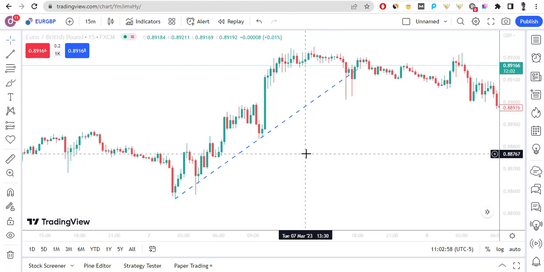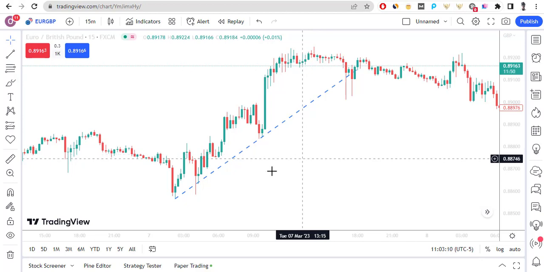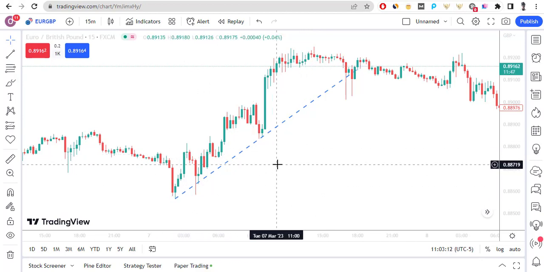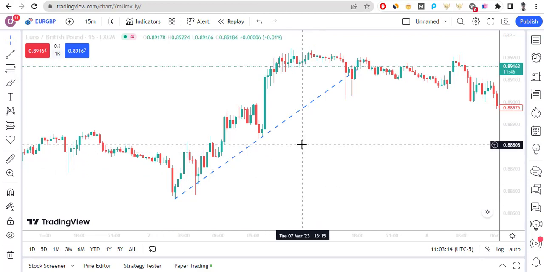Identifying the trend is the first step in the process of making a good trade. As I said, you need at least two points on a price chart.